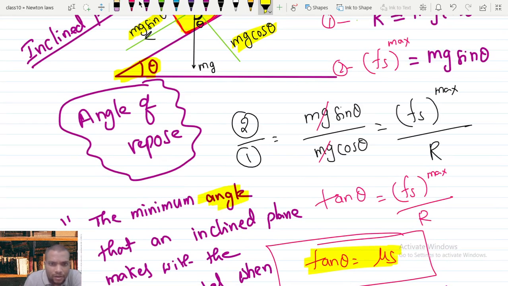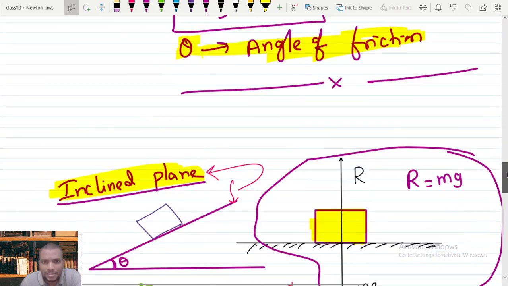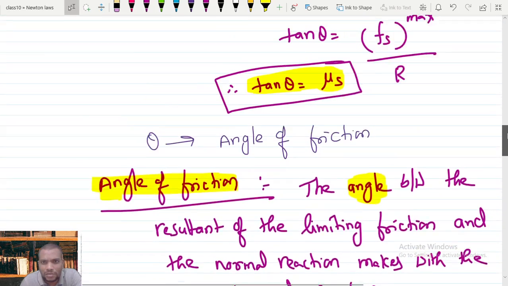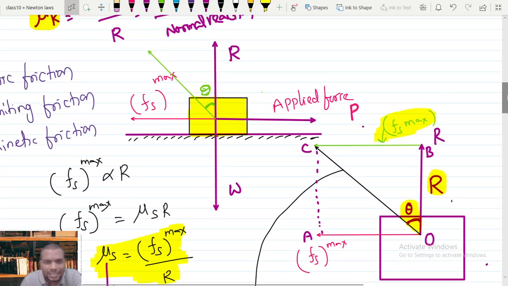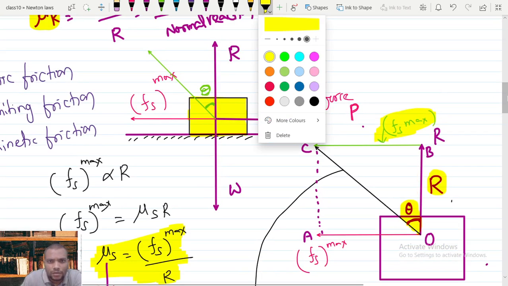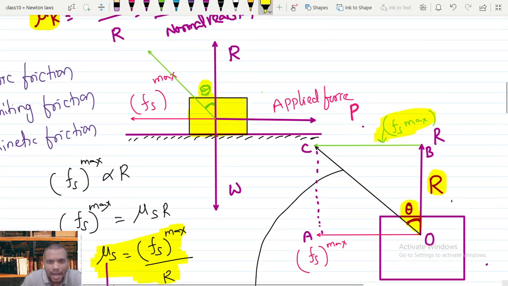This angle of repose is used in inclined planes, and the same angle we call the angle of friction when the object is on a horizontal surface.